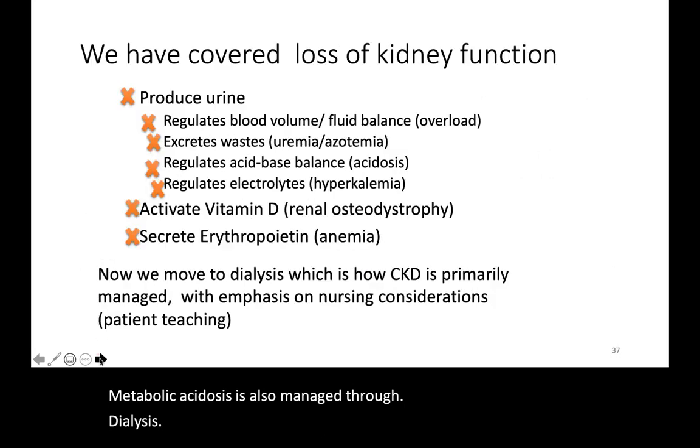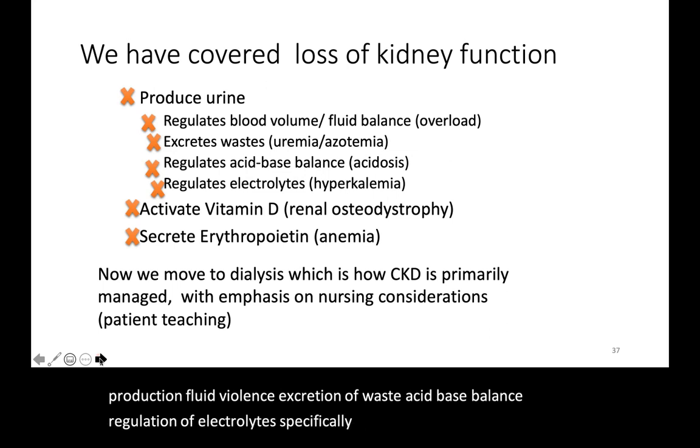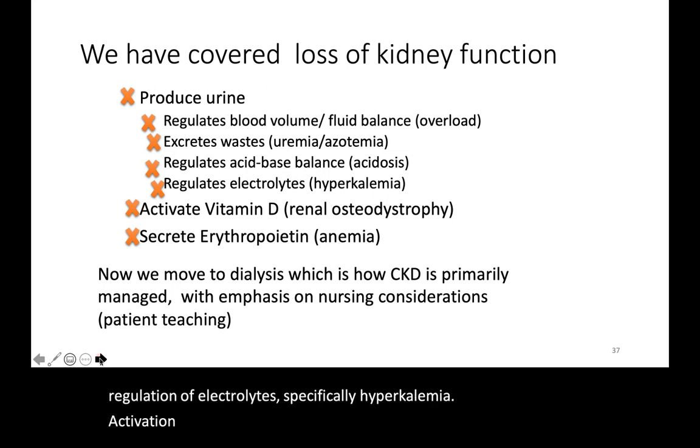So we just covered the loss of kidney function in CKD in terms of urine production, fluid balance, excretion of waste, acid-base balance, regulation of electrolytes, specifically hyperkalemia, activation of vitamin D, and secretion of erythropoietin.